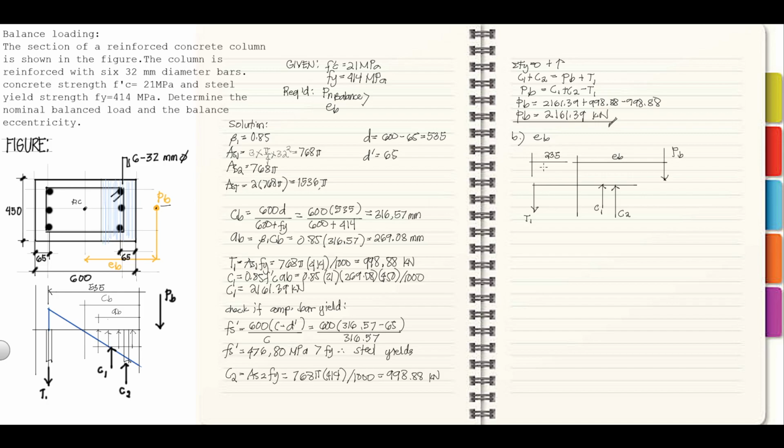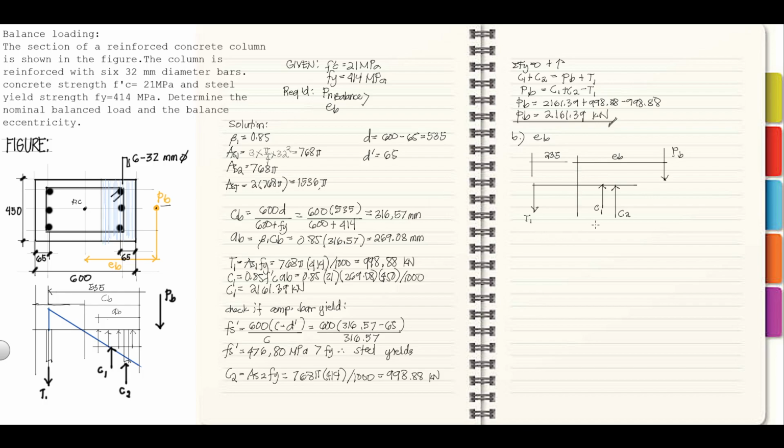Nakuha ba? So ito yun, di ba? This part here. The whole half here is 300, so bawasan mo lang ng 65. So you will get 235, hanggang the centroid.